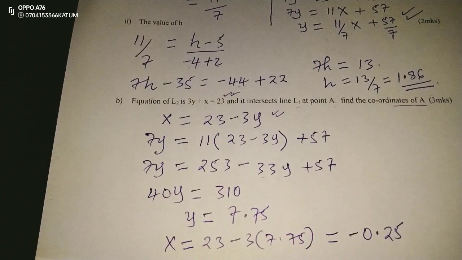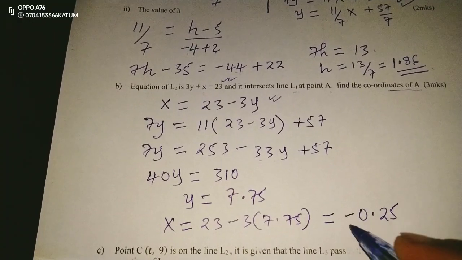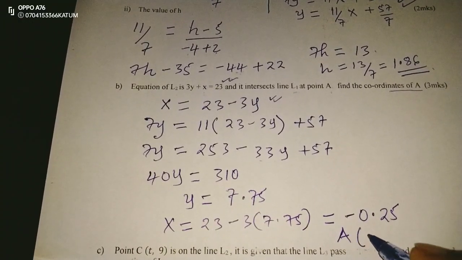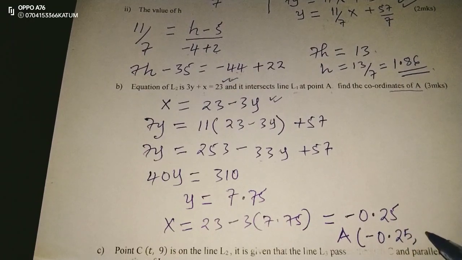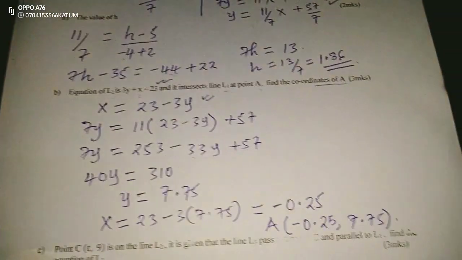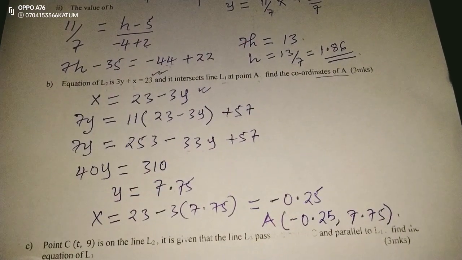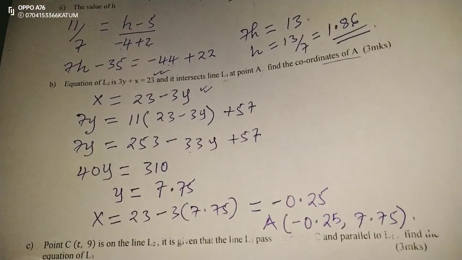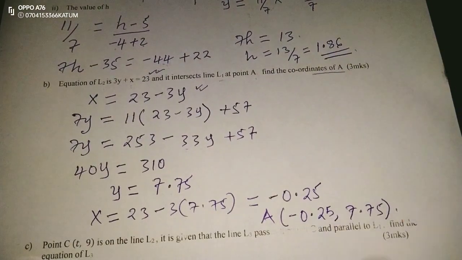So the coordinates of A, the point of intersection, now become negative 0.25, 7.75.